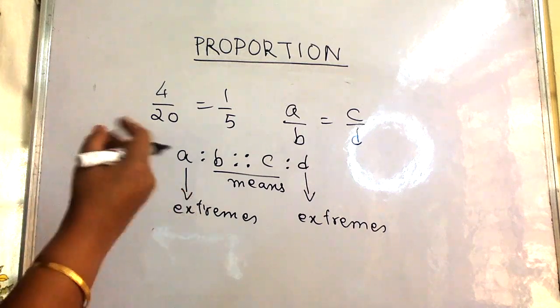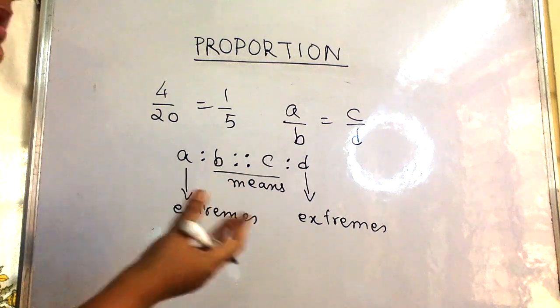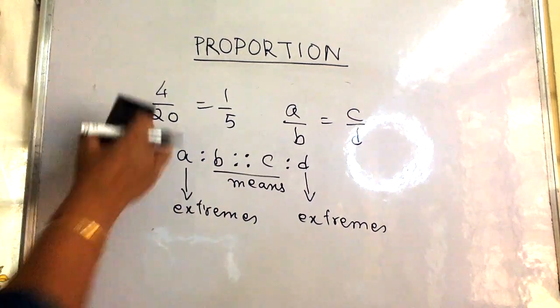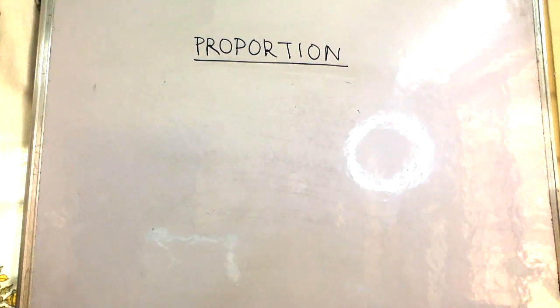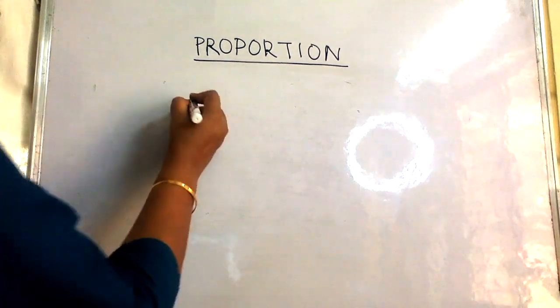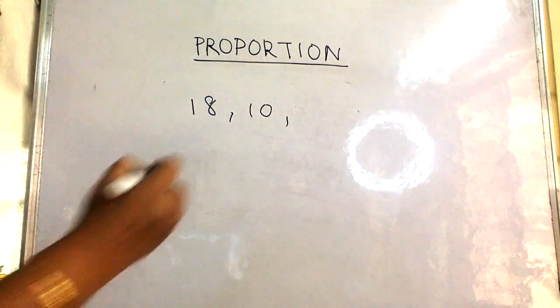Now if I am given a set of two fractions and I am asked, is this in proportion or not? Let me take one sum, so you will know then. Supposing they want me to check whether the following numbers are in proportion or not. They have given me 18, 10, 9 and 5.